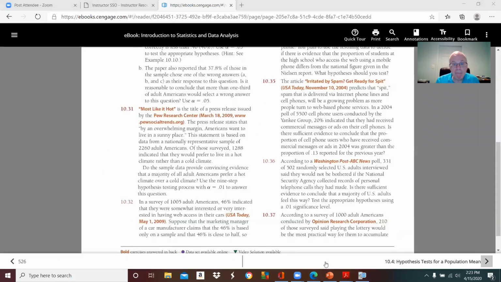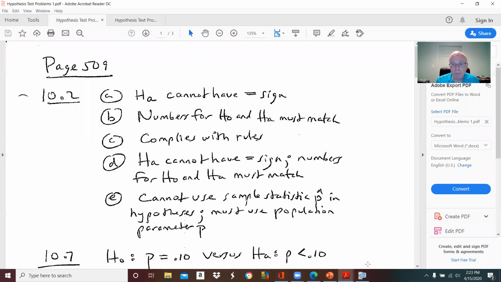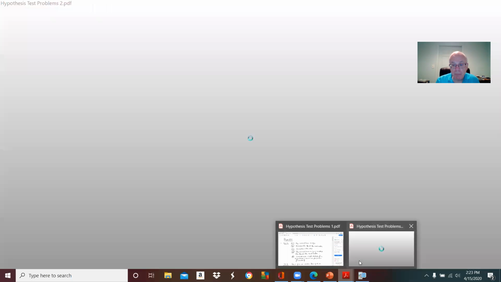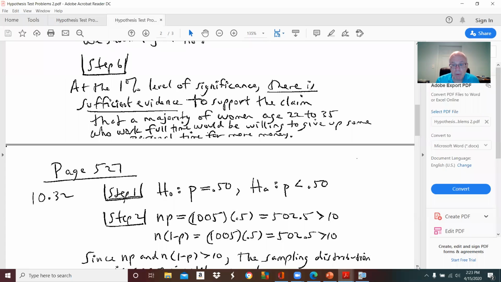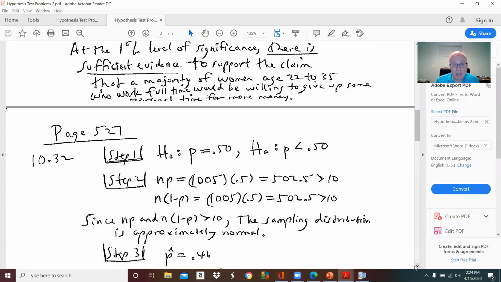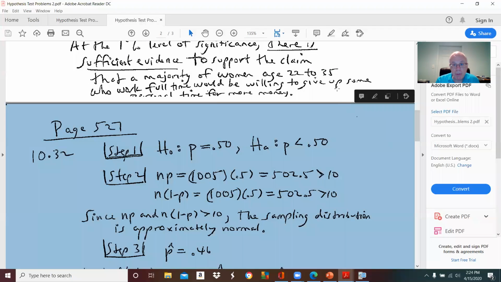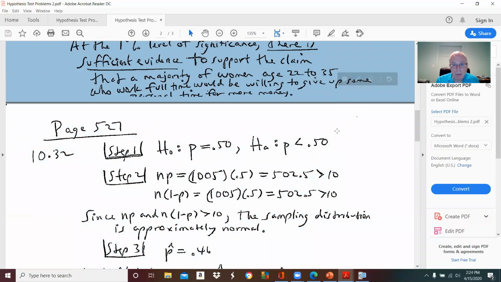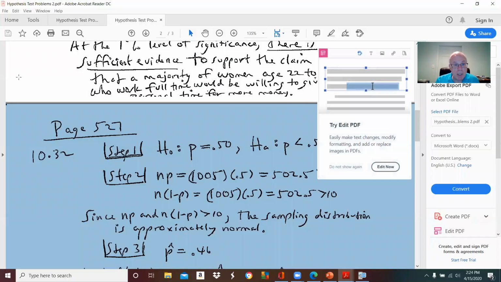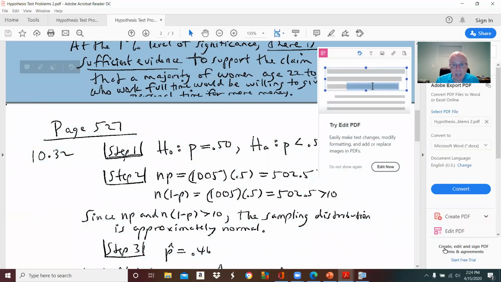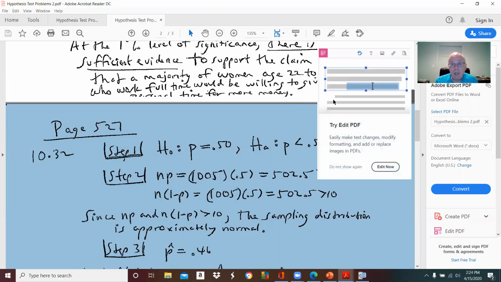All right. Let's, oops, wrong one. 32. In this case, our alternative hypothesis, what we're going to be using as a researcher, is that P is less than, I don't want this, so let's get out of here. Sorry about that.